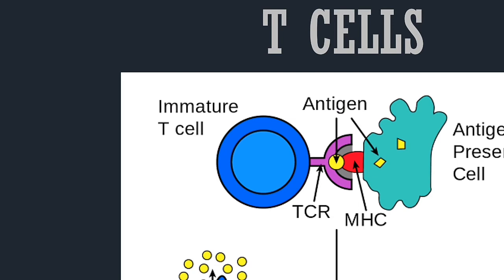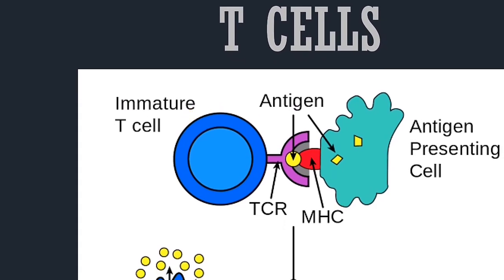Once it comes into contact with that antigen, then it's going to become activated. And this is going to tell other cells chemically, and it's going to cause cell divisions that tell other T cells, hey, this is what you've got to do.